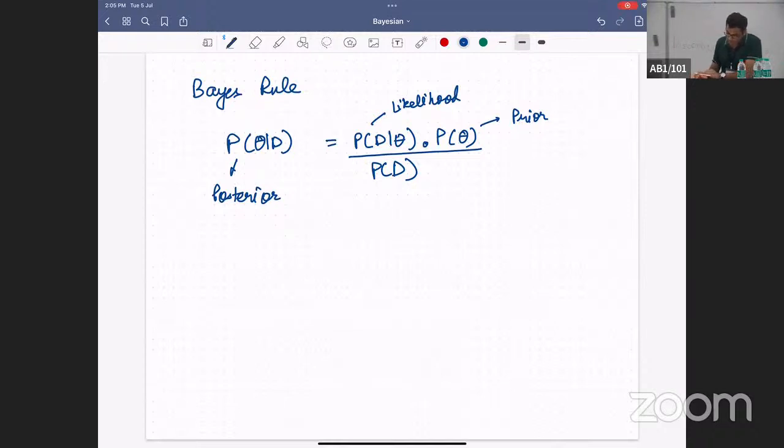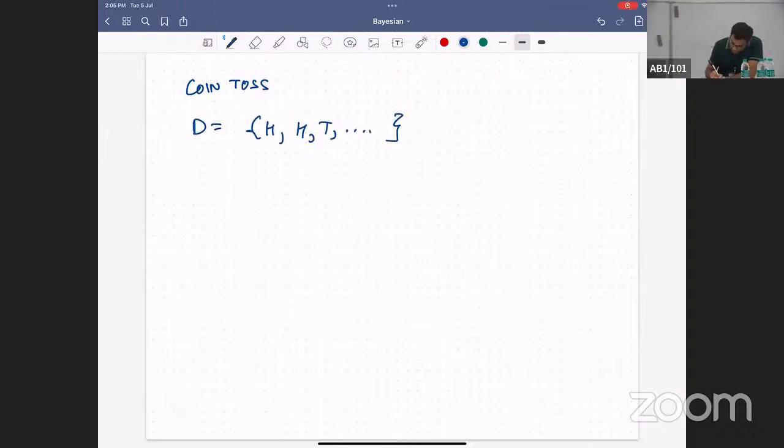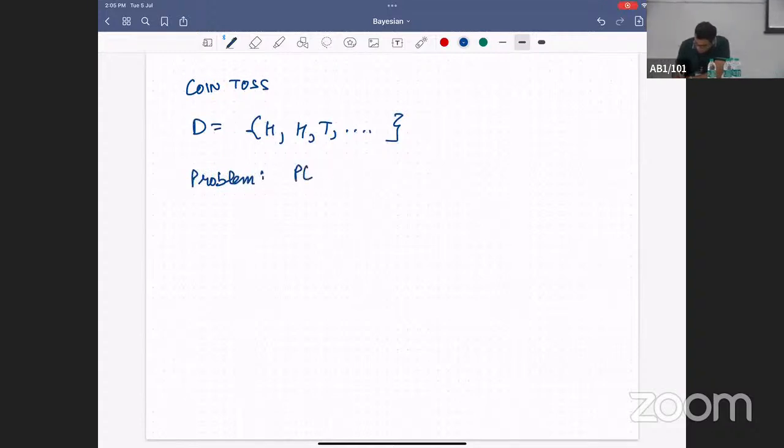So now we have seen the coin toss problem. We are given a data set of heads, tails, and so on, right? Our problem is to find probability of heads equal to question mark.